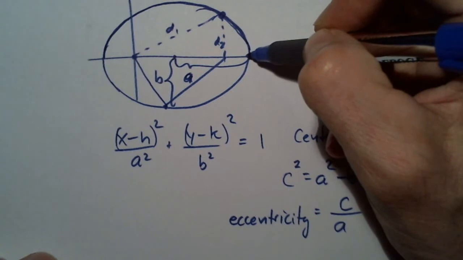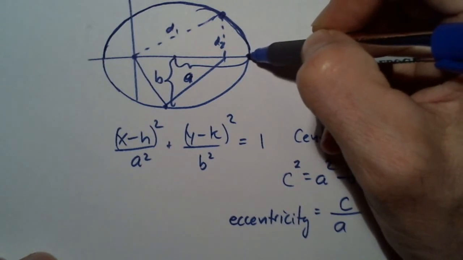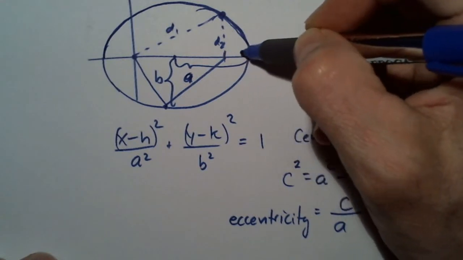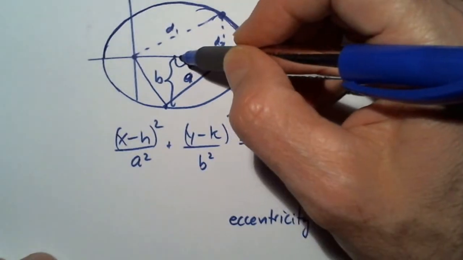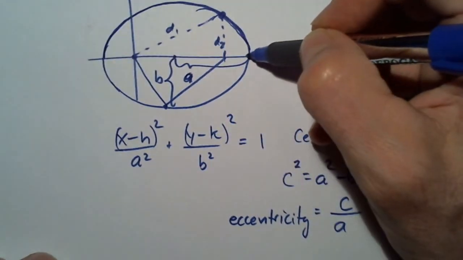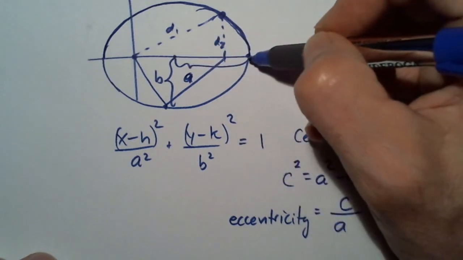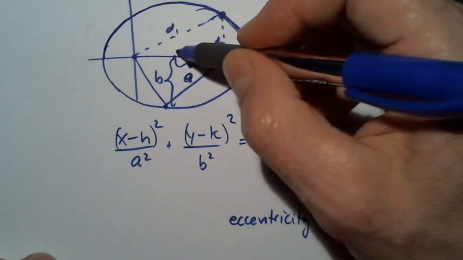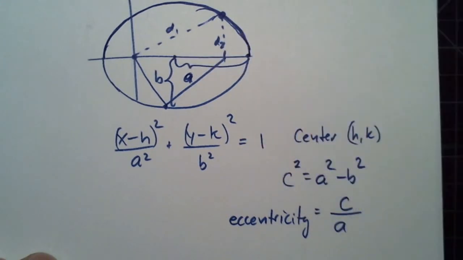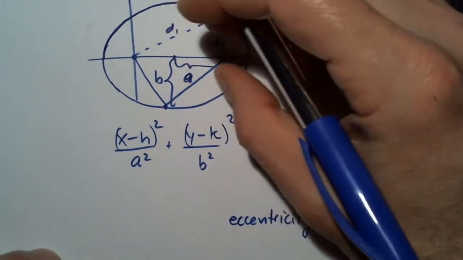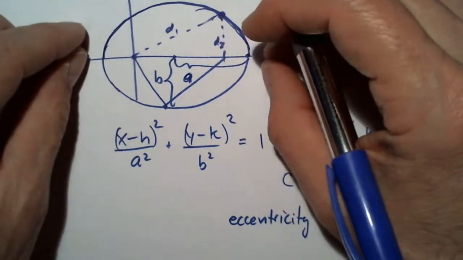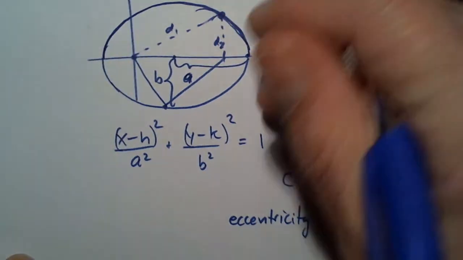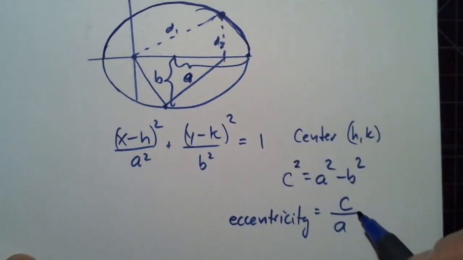Anyway, eccentricity is a measure of how stretched out the circle is. If you stretch a circle, then it would be an ellipse. Eccentricity is a measure of that.